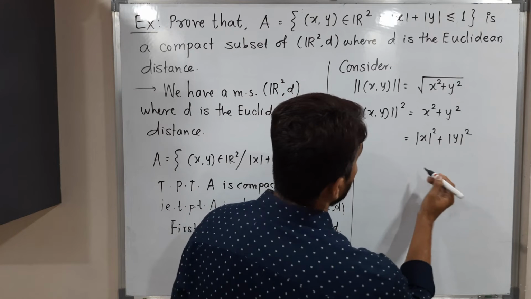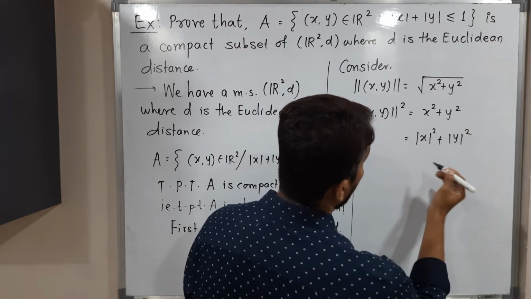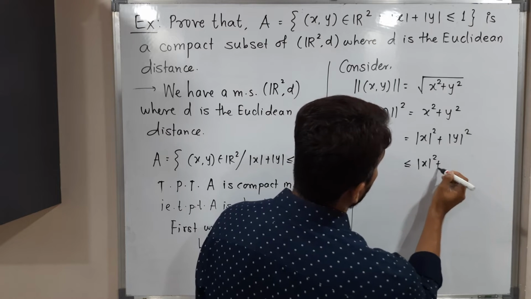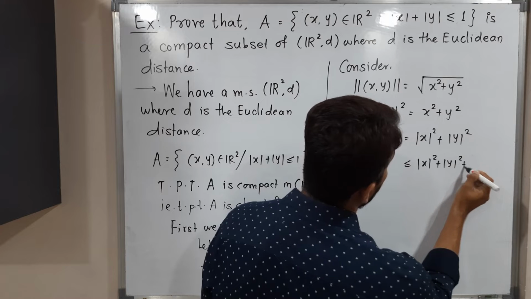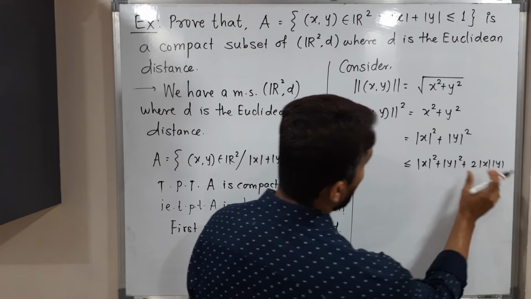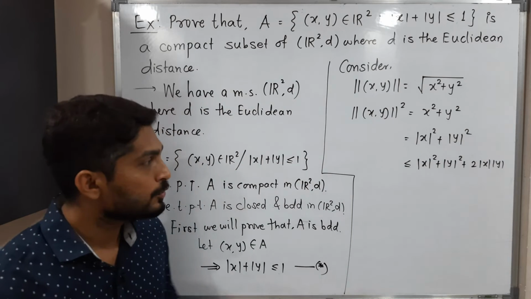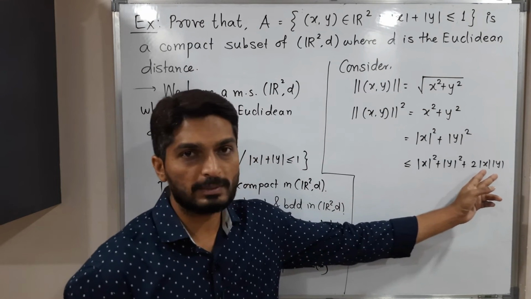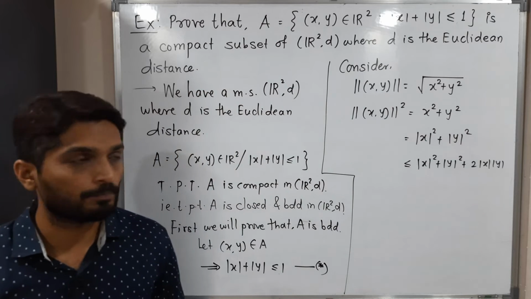If you add some positive or non-negative real number, then this is less than or equal to |x| squared plus |y| squared plus 2|x||y|. So this is an additional part I am adding, so the value will increase. If x and y are 0 or one of them is 0, then we will have equality also.